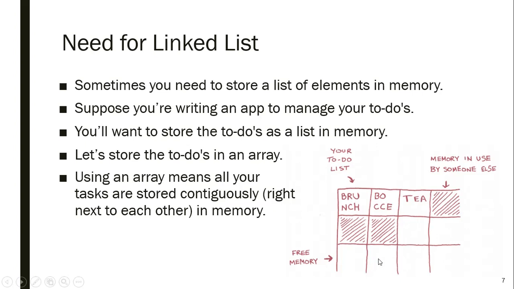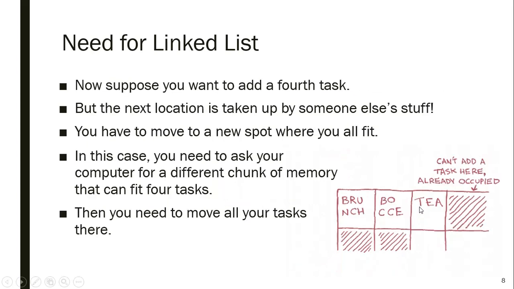There is free memory in the RAM other than this, but there isn't any 4th location just after this location which stores T. Now suppose you want to add a 4th task, but you cannot add it here because it's already occupied. So you have to move to a new spot where all 4 can fit.